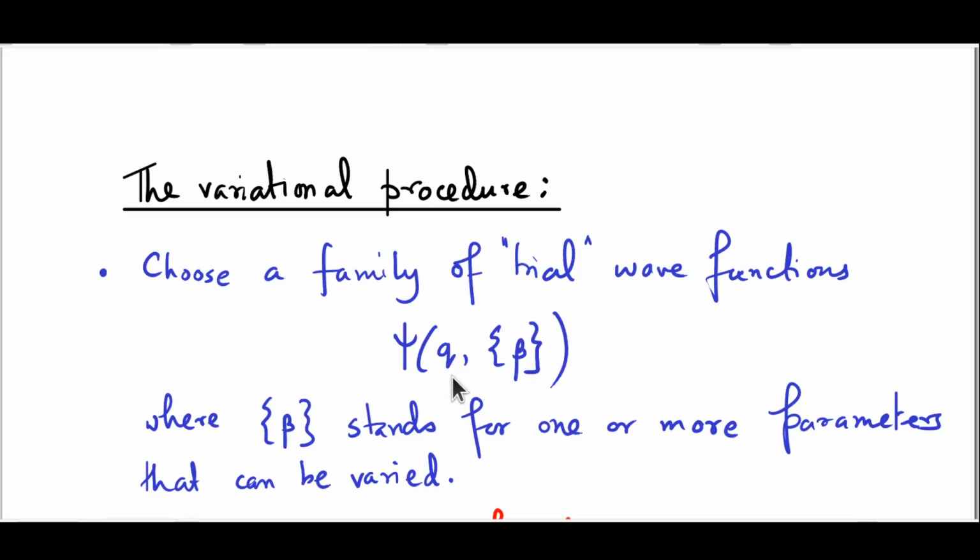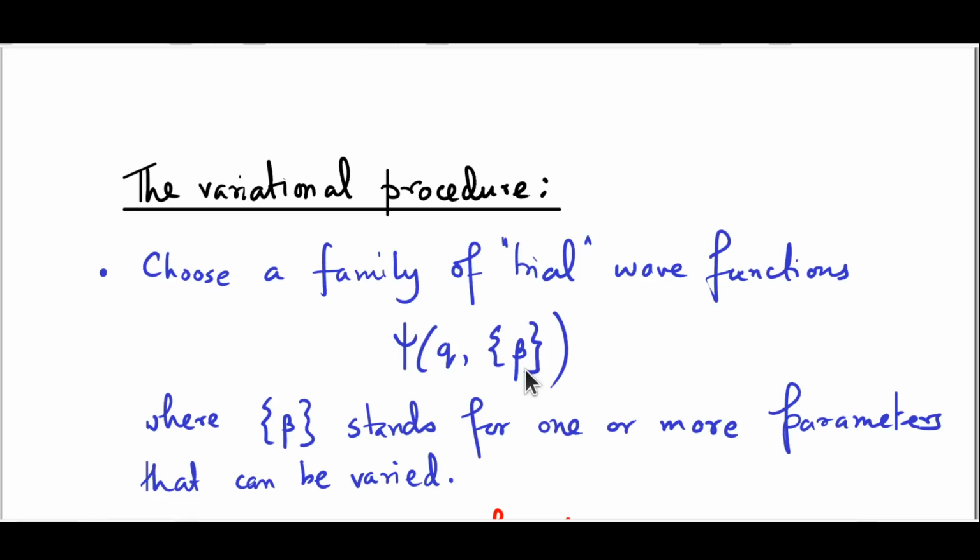So these q's are just the coordinates, along with a bunch of parameters. So psi is parameterized not only by the coordinates but also by a bunch of parameters which I have written symbolically as beta within a curly bracket to indicate that this could be a set. So beta stands for one or more parameters that we can vary. Okay, so this is my family of so-called trial wave functions.